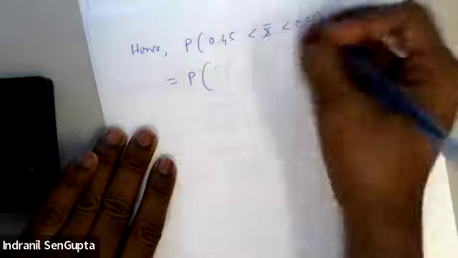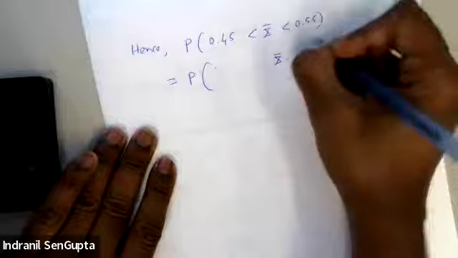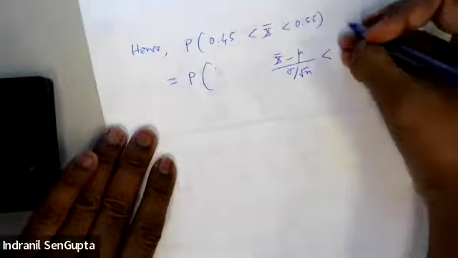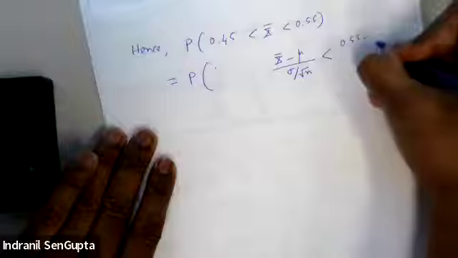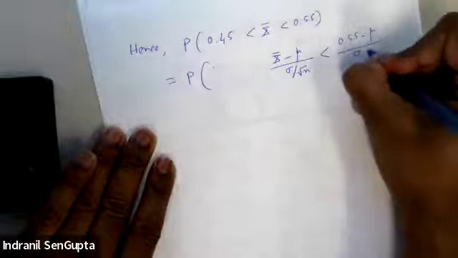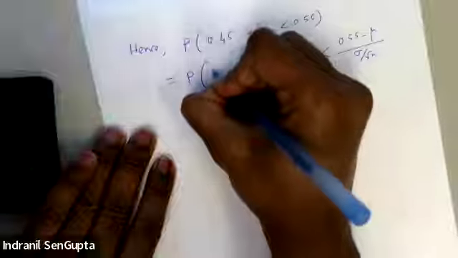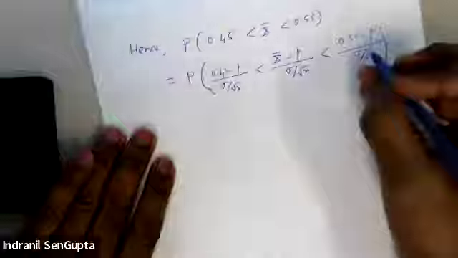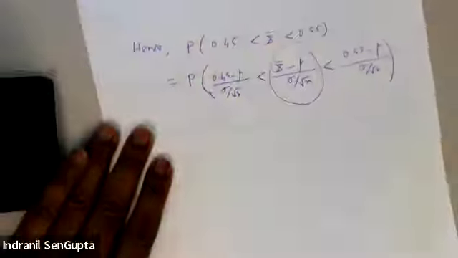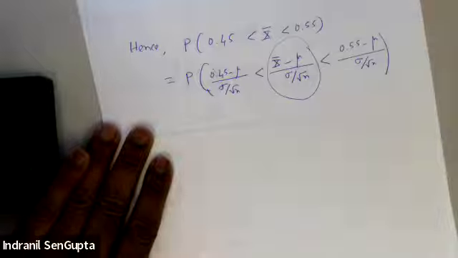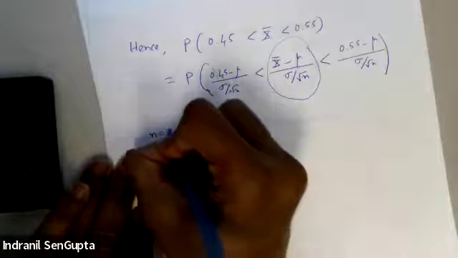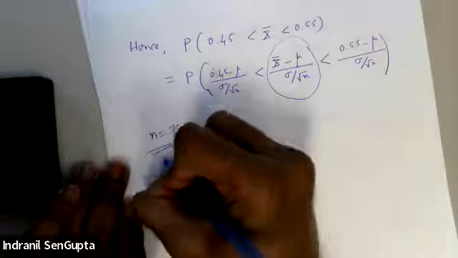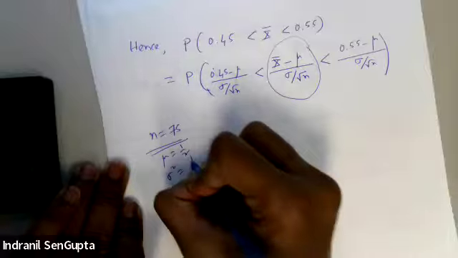So let's write x bar minus mu over sigma over square root of n. That's what we want, so I want 0.45 minus mu over sigma square root of n less than this quantity less than 0.55 minus mu over sigma square root of n, as we have done many times before. Now, in our case, n is 75, mu is 1/2, and sigma squared is 1 over 12.